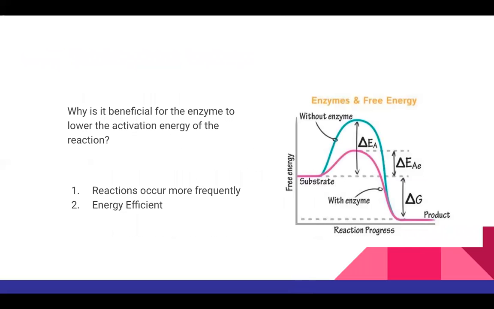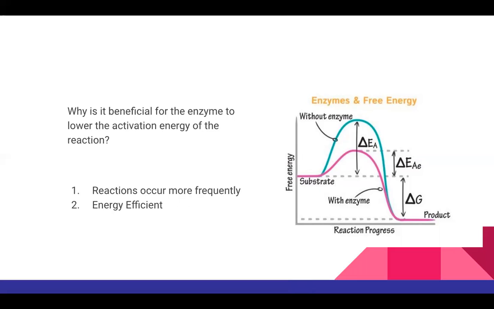So why is it beneficial for the enzyme to lower the activation energy of the reaction? Reactions occur more frequently and it's more energy efficient. So without the enzyme, you can see on this graph, that green line, the activation energy is much higher. That's what EA stands for. But when you add the enzyme, which is this pink line, the activation energy is much lower.